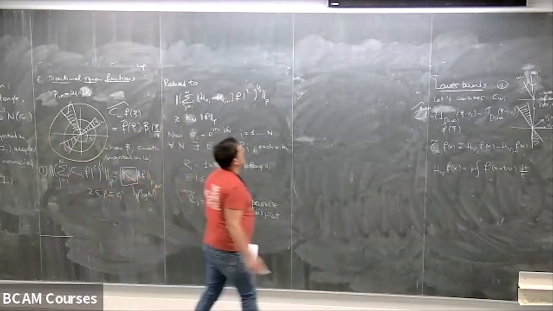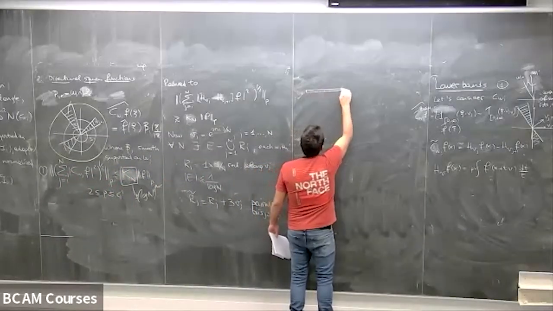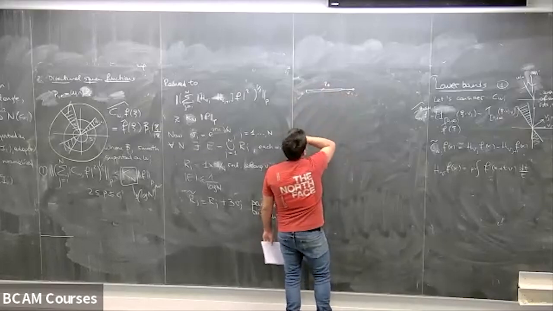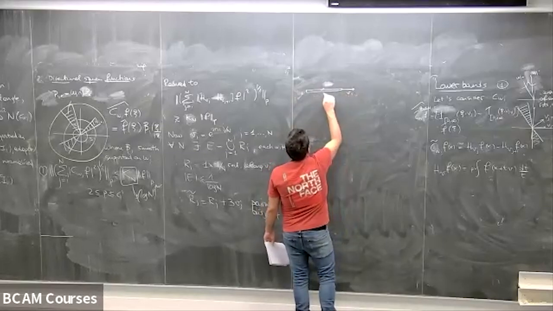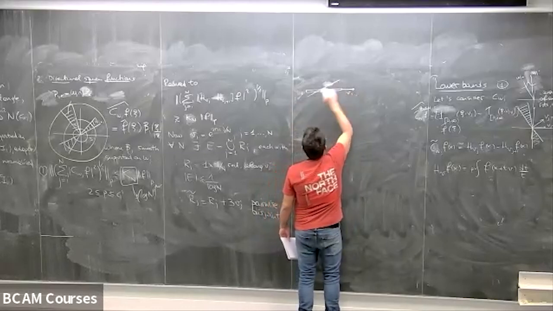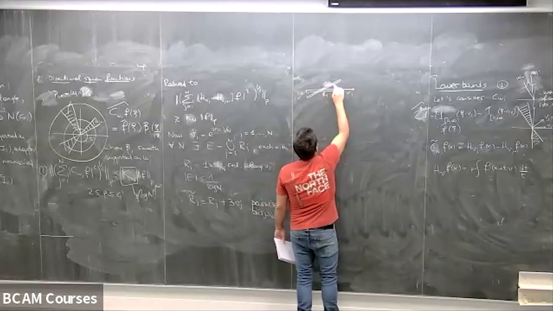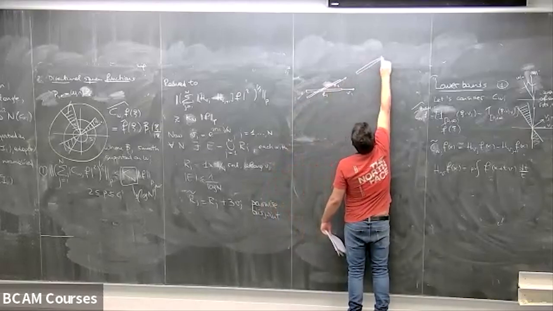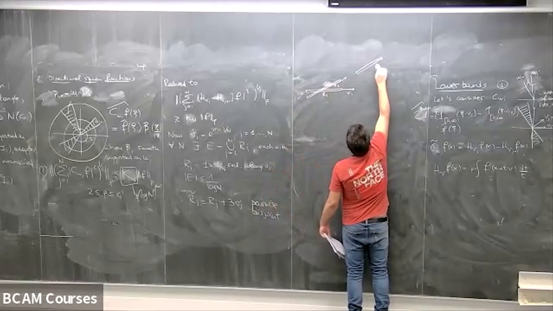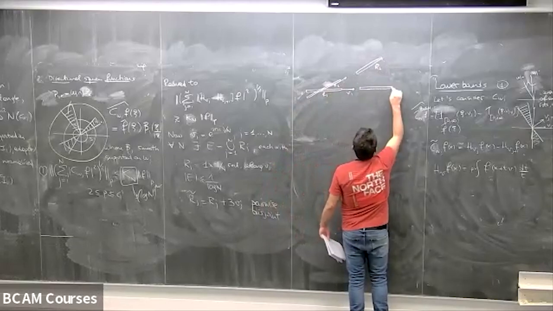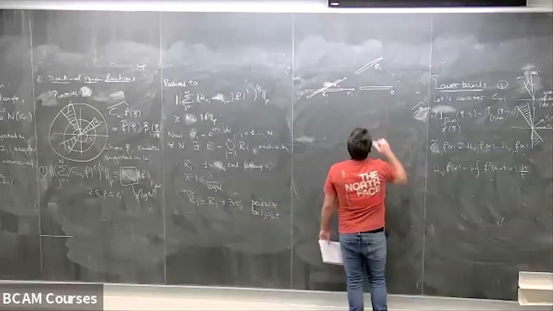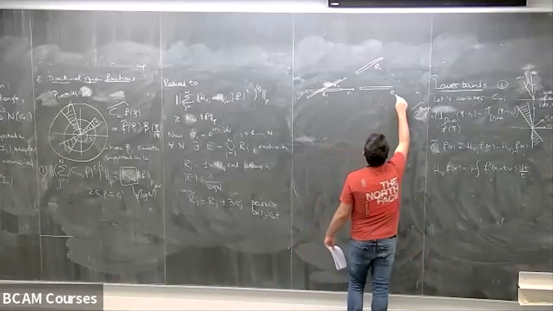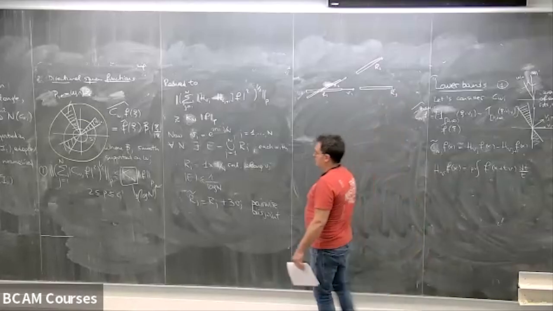So I'm going to make a sketch. This is R1. It points along V1. Then I'm going to draw R2. It points along V2. And these are the translates, R2 tilde and R1 tilde.